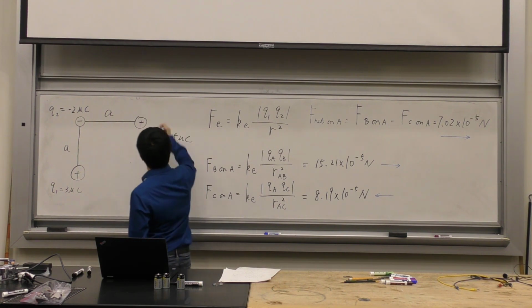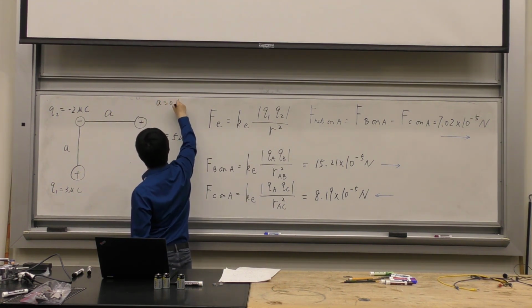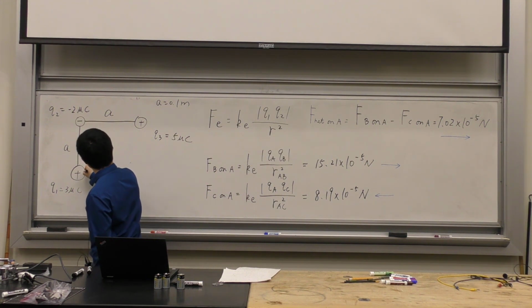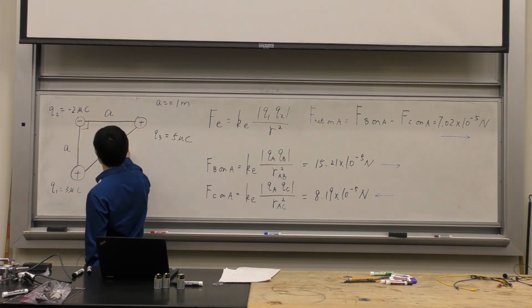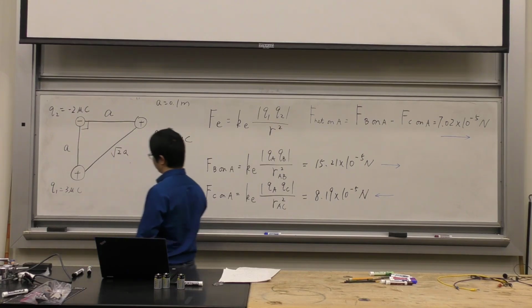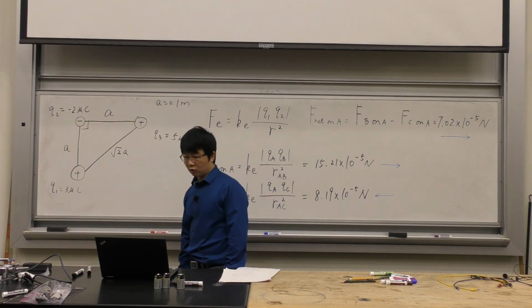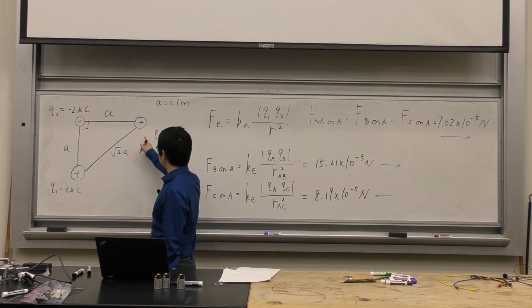And we also know A is 0.1 meter from the problem. So of course, if you connect these 2 charges, that's the hypotenuse of this right triangle, right? So that's going to be square root of 2 times A if you use the Pythagorean theorem, okay? Now we want to find the net force on which charge? On Q3.